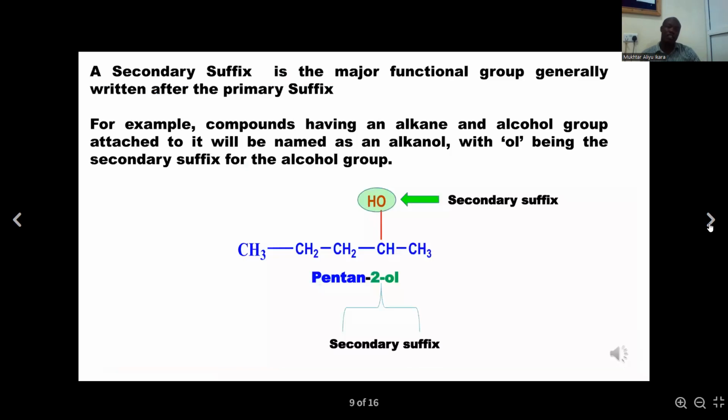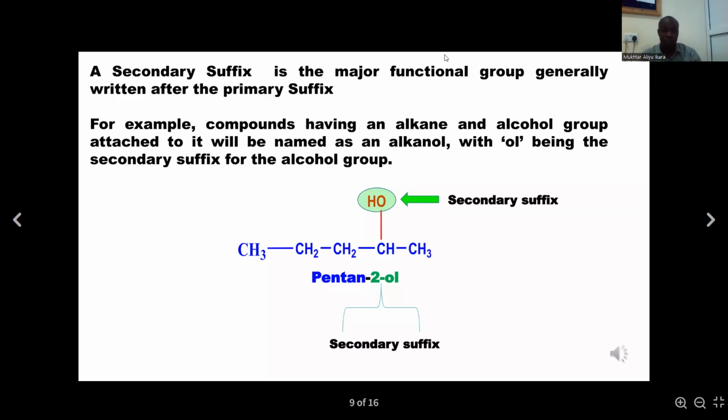Okay, then the next thing is a secondary suffix. The secondary suffix is the major functional group generally written after the primary suffix. So we usually write the secondary suffix after the primary suffix. For example, a compound having an alkanol group attached to it will be named as an alkanol, with ol being the secondary suffix for alcohol group.